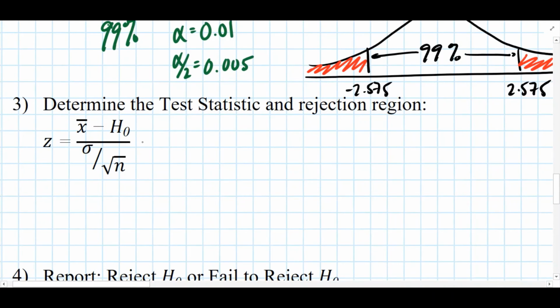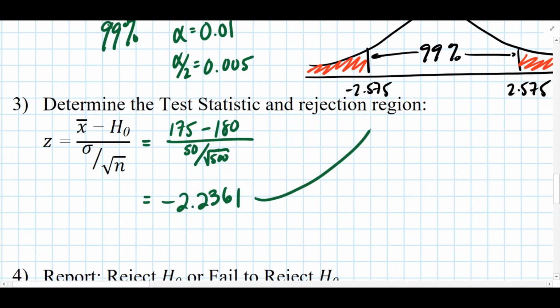Our test statistic must be 175 minus 180 divided by 50 over the square root of 500, which computes to negative 2.2361.